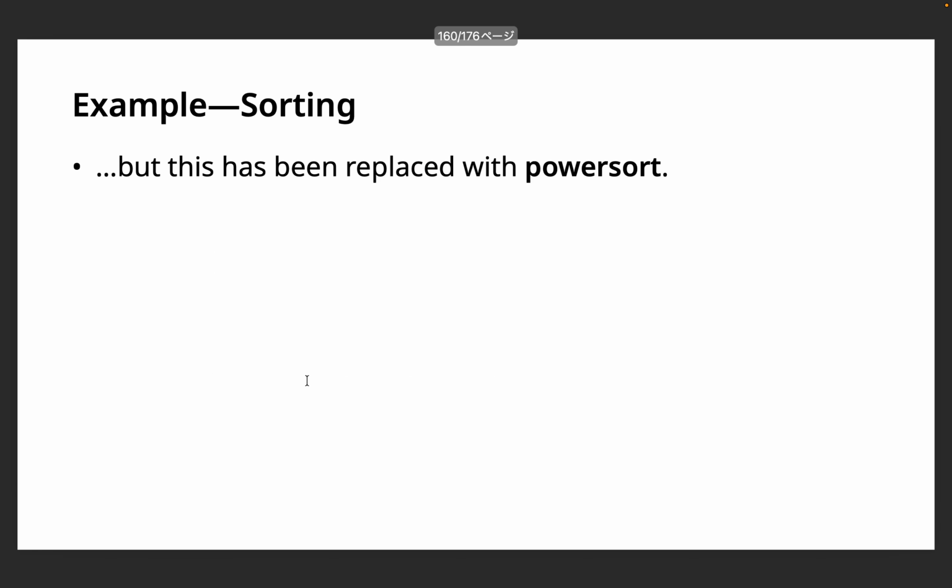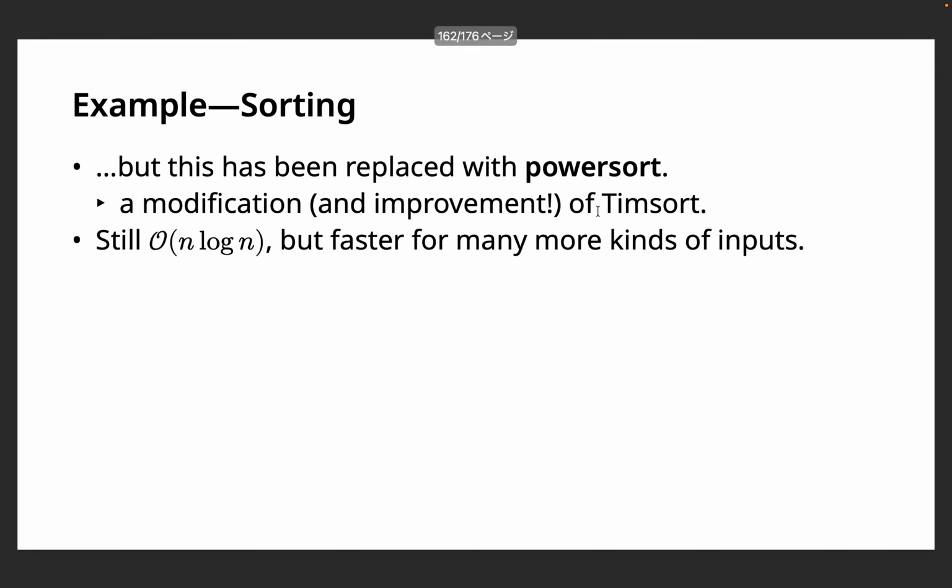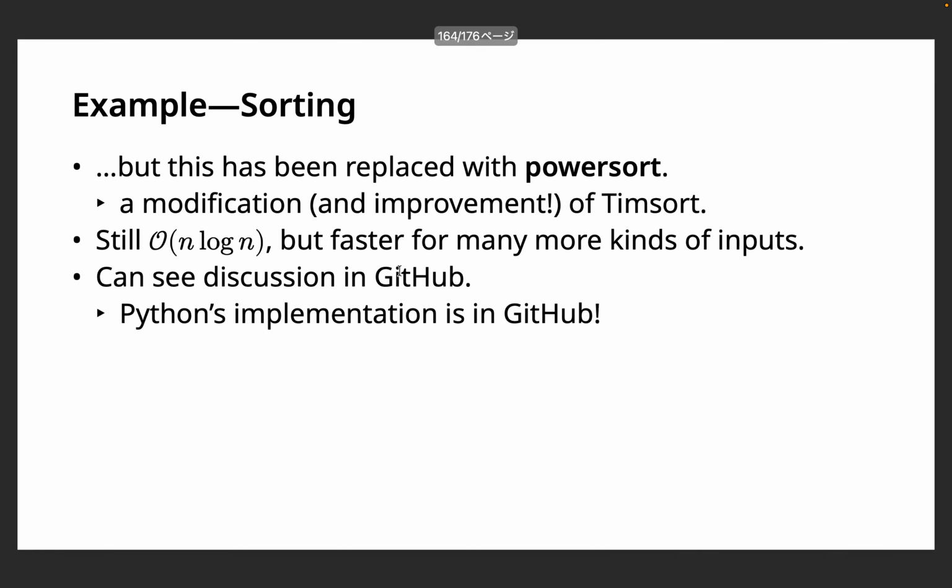Now, this has actually been replaced with powersort. So this is mainly an improvement of timsort. It's still n log n, of course, but for many kinds of inputs, it's a lot faster. So this is what Python uses now. Actually, you can look up the discussion for this.